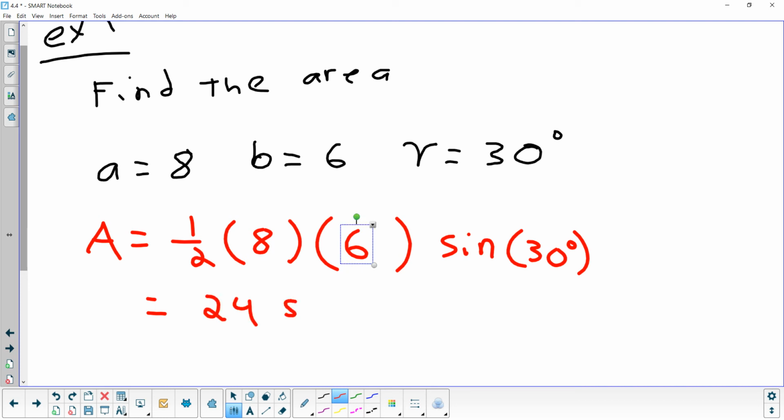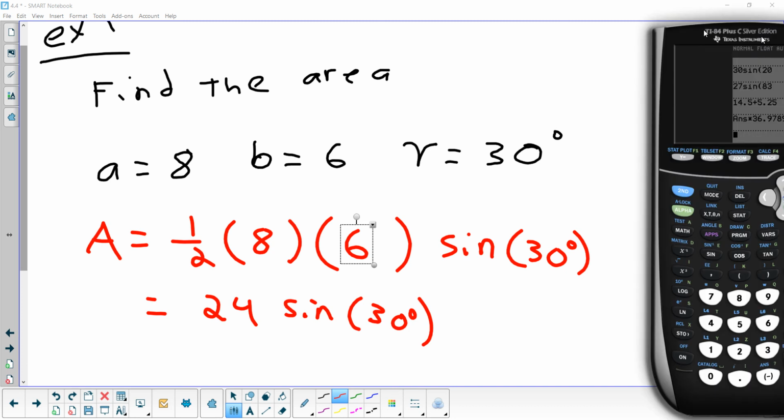So 24 sine of 30 degrees. Okay, at this point, we'll type it in on the calculator. I want to check before I start even typing things in on my calculator. Pete? Check the mode. Yeah, we want to check the mode.